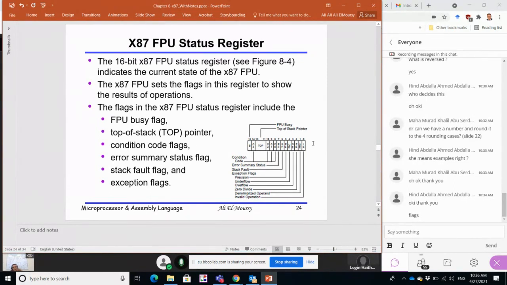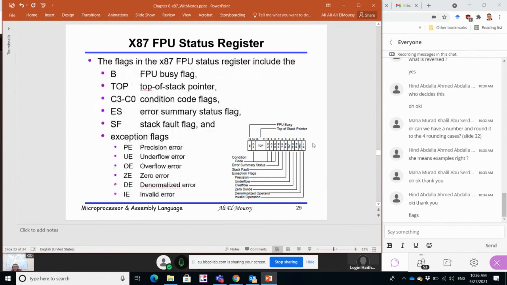The status register here for the FPU is similar to the status register that we learned in X86. But this is definitely way more complicated, because now I need 6 bits for the 6 new exceptions that we have. Let's start with them. So I have 6 exception flags.